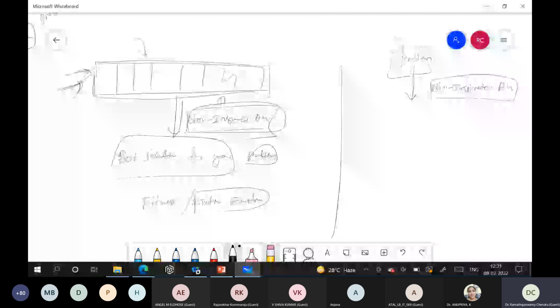You first have to do the modeling. The second important thing is selecting an appropriate fitness function, because when you change the fitness function, the overall quality of the solution you get also varies. So selecting the appropriate fitness function is also important.